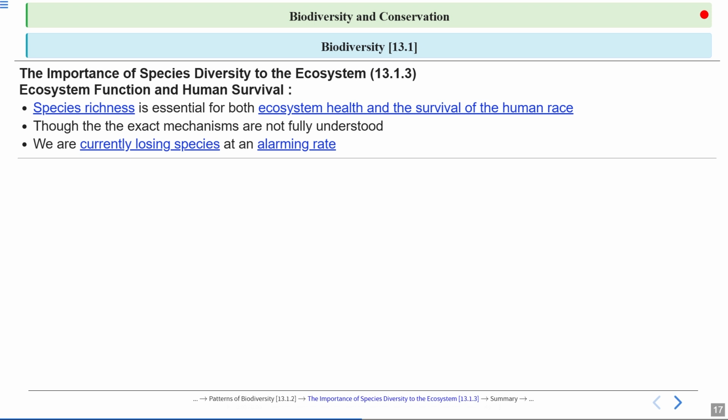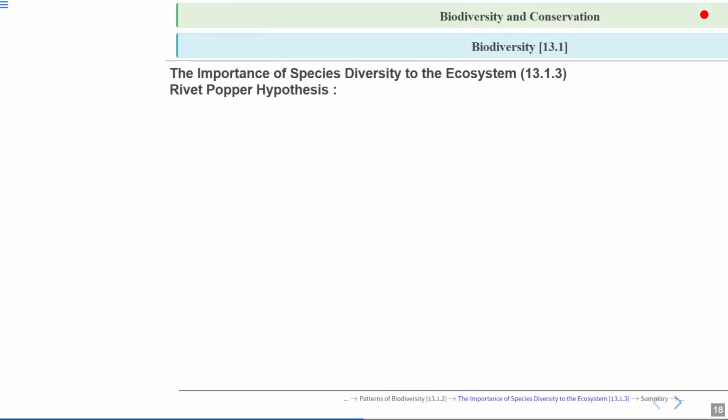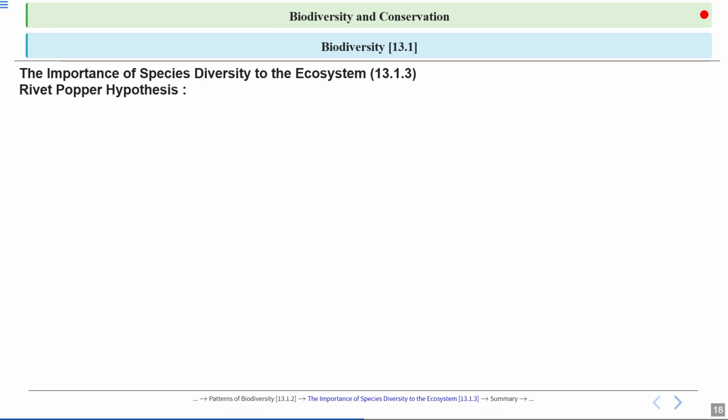The loss of species can weaken ecosystems, making them less able to support life, including human life, because humans are also dependent on biodiversity. We are getting all the products from nature. We are getting all the food, the timber, and a lot of medicines from nature.